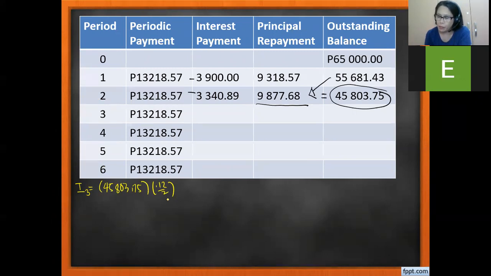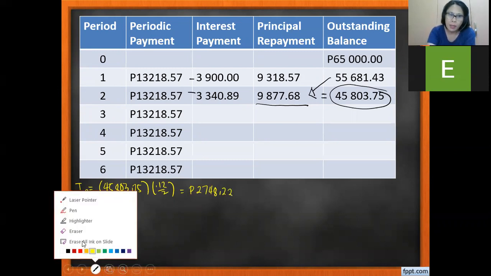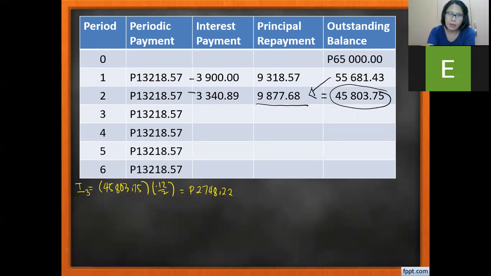So you multiply that by 0.06, which is actually 0.12 over 2, and then equal. So you will have 2748.22. So you will place that on the interest payment, third period. 2748.22.